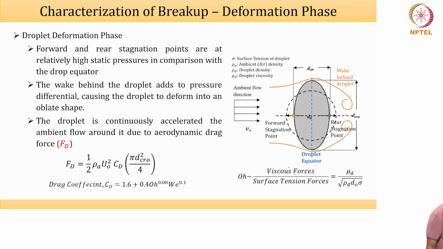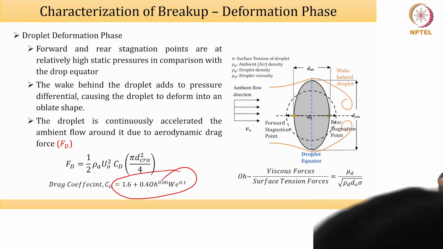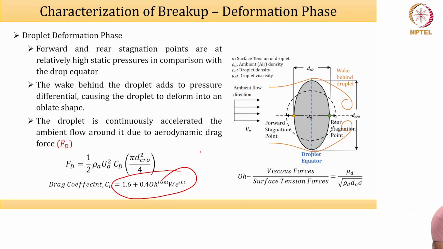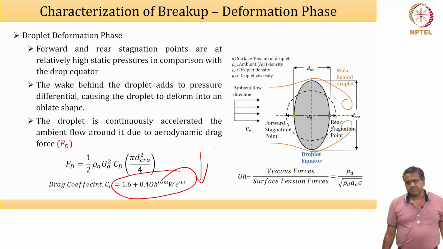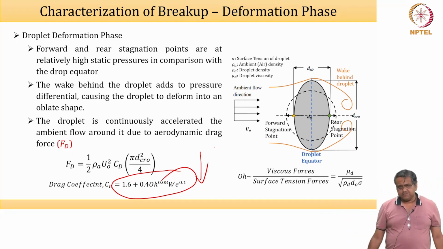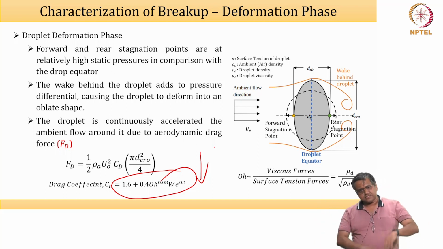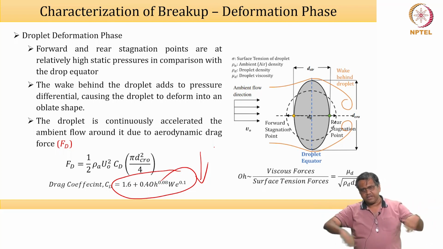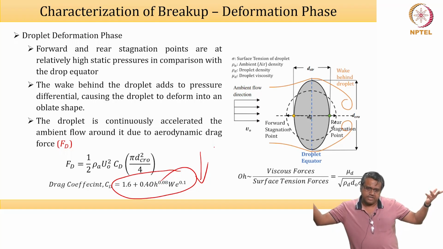Now, whatever you see over here is, for example, a relation that seems to scale with the Weber number and Ohnesorge number. Once again, this particular thing absolutely has no physical basis. It's just a curve fit. It's just a regression analysis where we have collected a whole lot of data and fitted a curve, and this seems to be working the best.